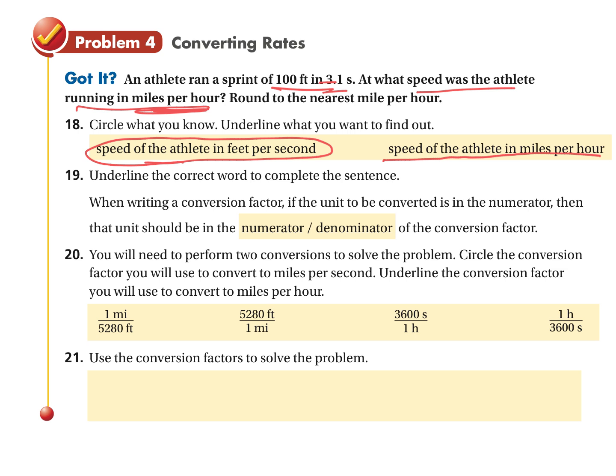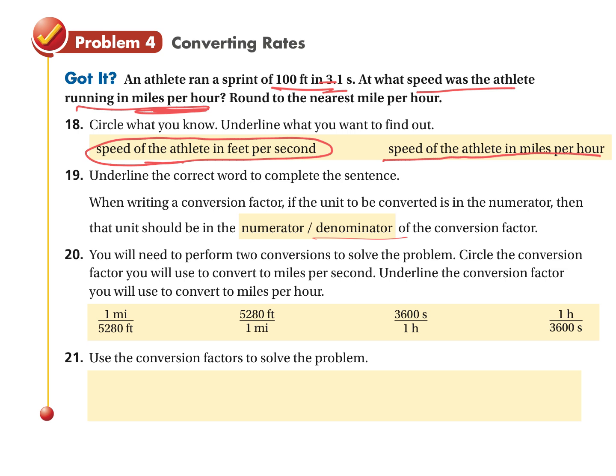When writing a conversion factor, if the unit to be converted is in the numerator, then the unit should be in the, what do we think, numerator or denominator of the conversion factor? This one should be in the denominator. Keep in mind, we want to divide out the unit that we're trying to convert from.